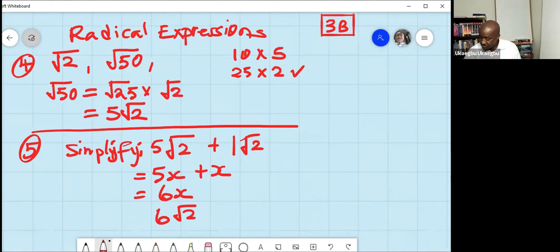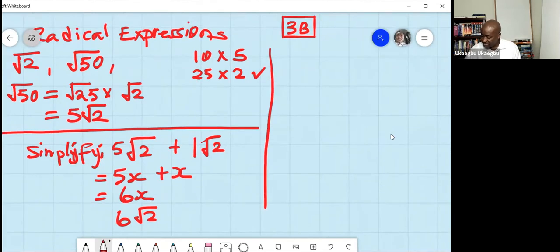How about if we have a number like this, 3 over square root of 2, and they say rationalize the denominator?